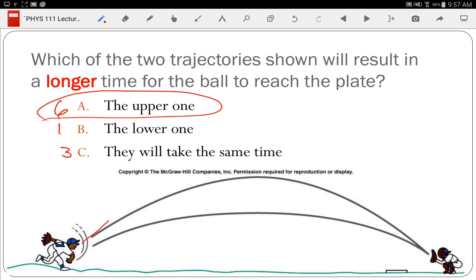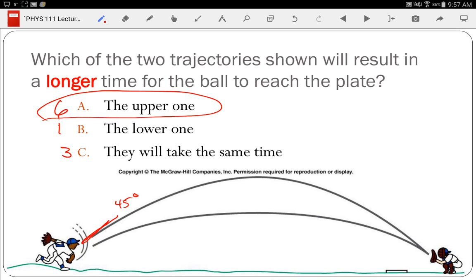Now, if this angle here is 45 degrees, in which one does the pitcher throw the ball harder? Which one does the ball have a higher speed? It needs to be actually the lower one with the higher speed because it's not going to be in the air as long, but it needs to cover the same distance.